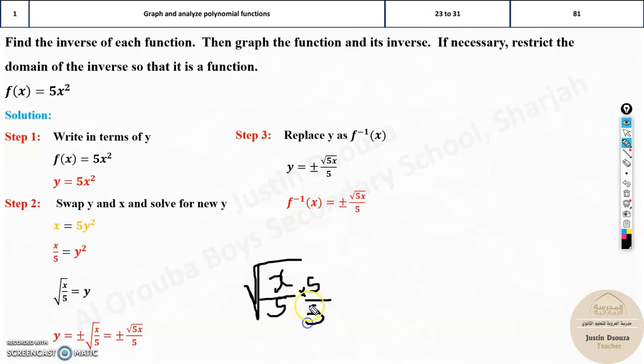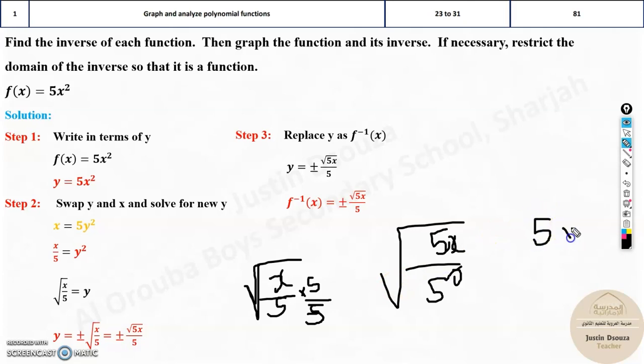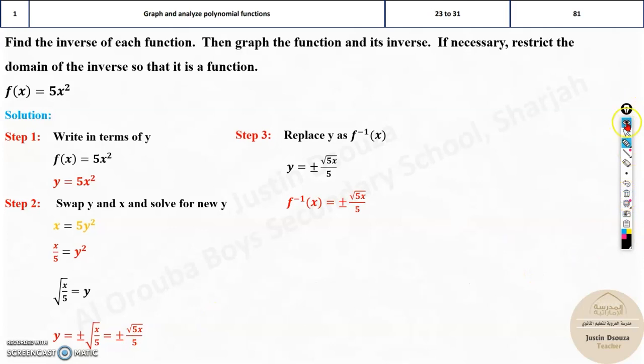So over here it will become square root of 5x divided by square root of 5 squared. The 25 square root is 5, so this cancels out with the square root over here, and you will have only 5x under the square root, and below it will be 5. So this will be the answer. Don't forget the plus or minus. Square root of 5x divided by 5.